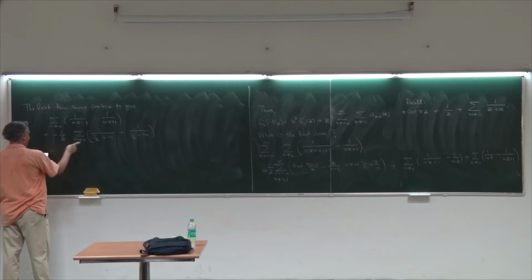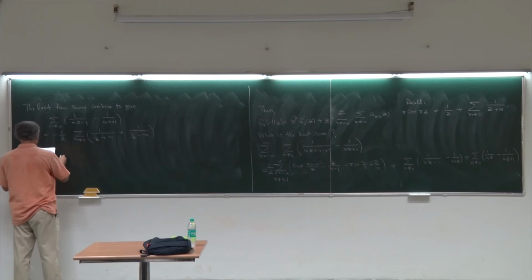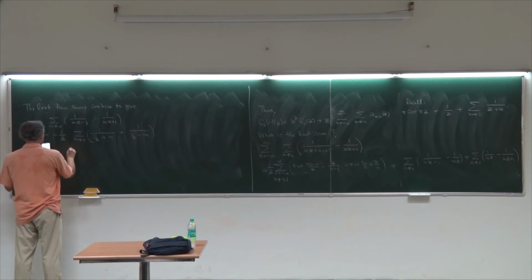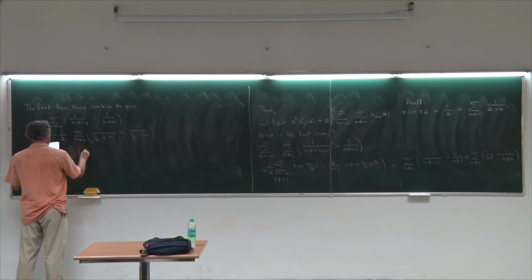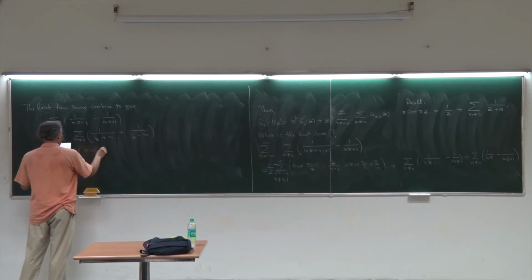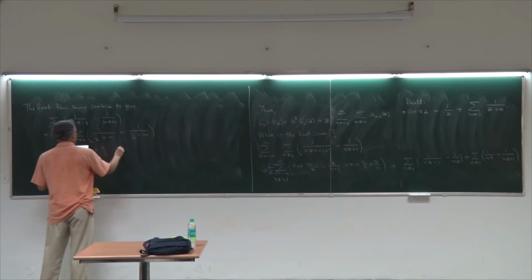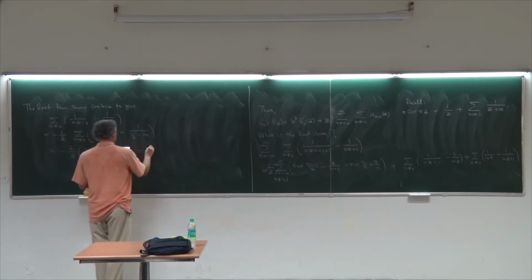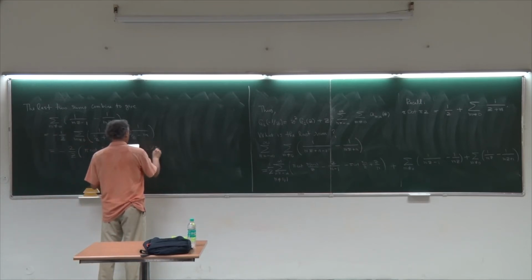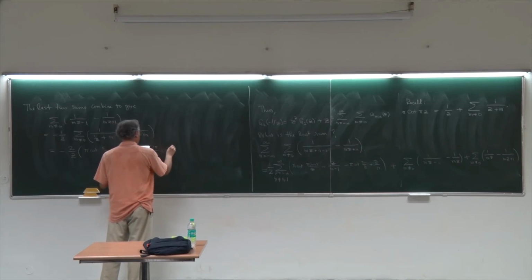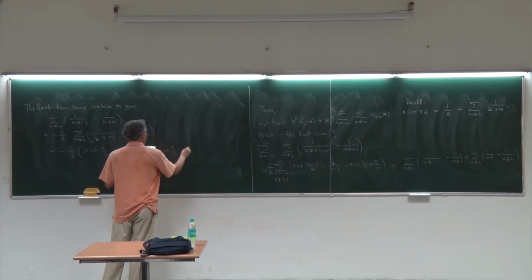Which we recognize as, again, the cotangent business. So the final answer turns out to be minus 2 over z, pi cotangent pi over z, minus z, which turns out to be minus 2 pi over z cotangent pi over z plus 2.